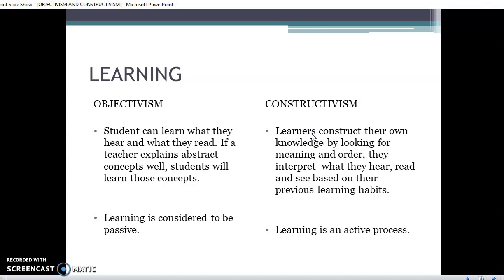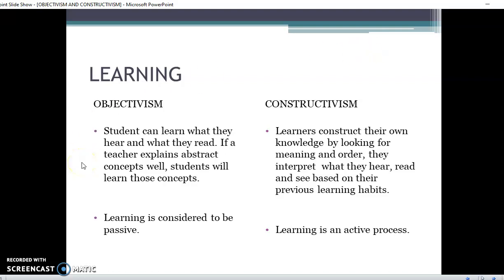Also, in the second criterion, learning, we saw that learning is considered passive in objectivism, but in constructivism it is an active process. The constructivist approach believes that previous knowledge plays a very important role, and learning depends on what learners interpret of what they do. Okay, which in objectivism is not considered to be true.